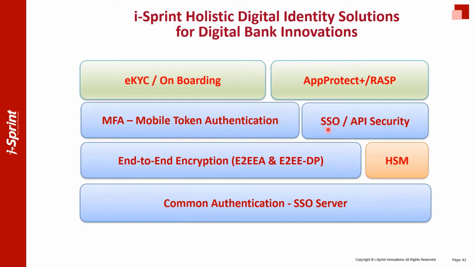If the user has different applications, maybe more than 3 applications, then SSO can be applied. For password protection, we offer E2EE, and data protection is another module, and we have out-of-the-box support for HSM. And as mentioned just now, after mobile token authentication, we can also protect the mobile token application, which we offer as RSP.